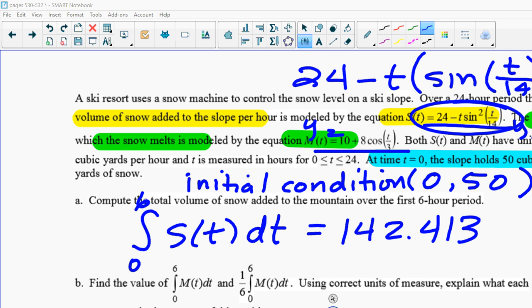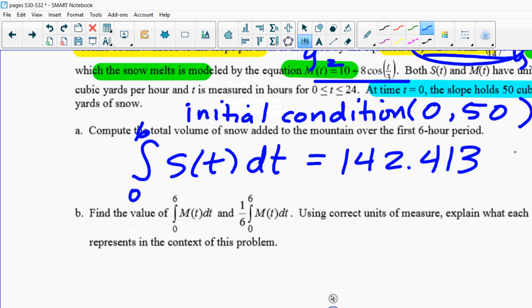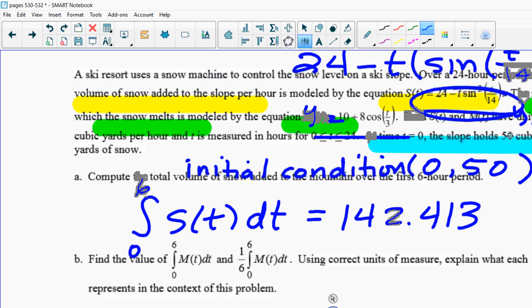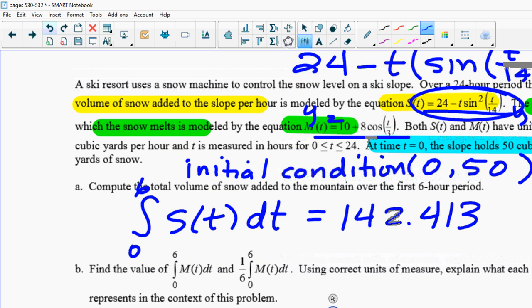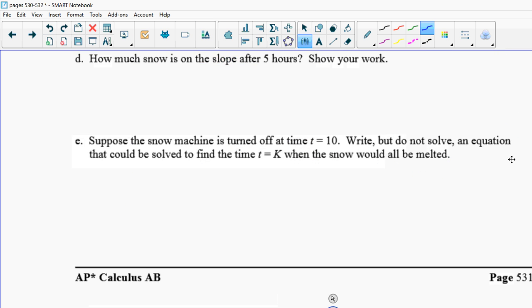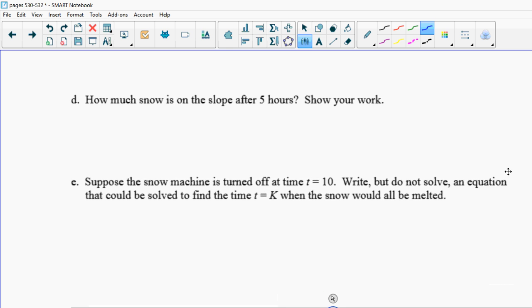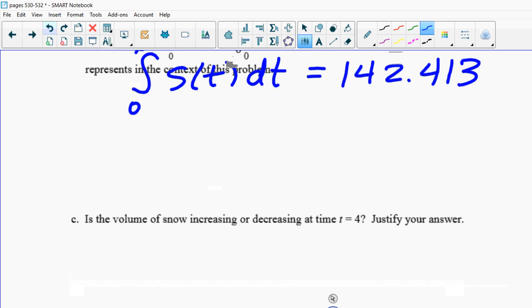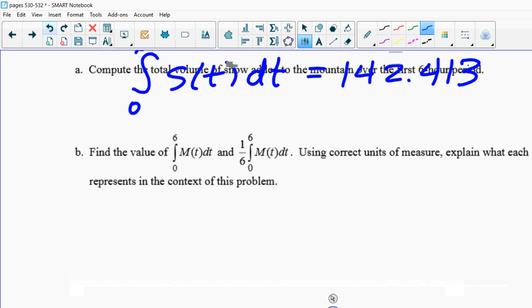What unit? This is volume. Cubic yards. Dang it! Stenett's getting ready to bust a gasket here in a minute.